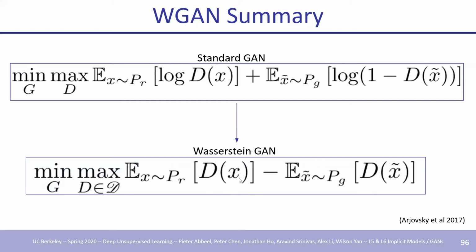Now it's D for the discriminator, and that minimizes this distance, D of x minus, so this is the f of x part minus f of y, or g of z part. Right. So this is the difference, and this seems to work much better than the original formulation.